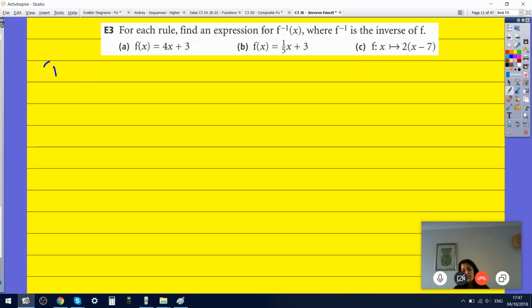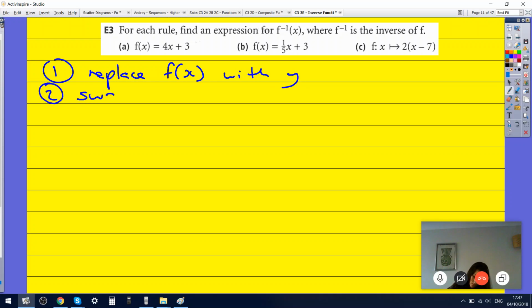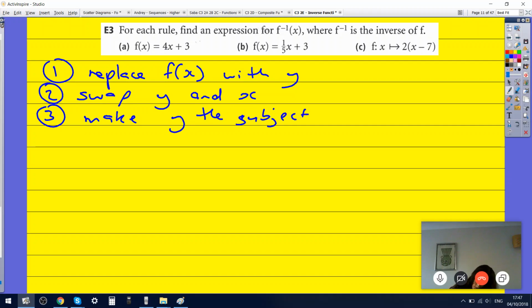The way to do these: number 1, replace f of x with y, just for simplicity. 2, swap y and x. 3, make y the subject. And 4, replace y with f inverse of x, because that's technically what they asked you to get.